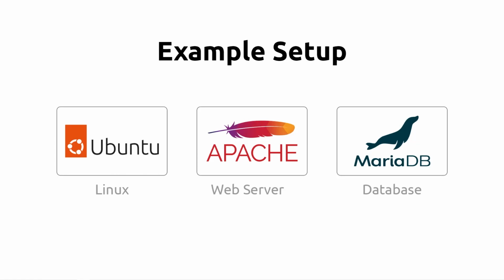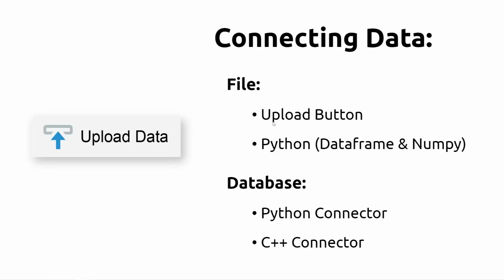Our example installers include MariaDB, so that you could run tests with that, but you don't have to use it. Actually, you can do everything with your own connectors or just uploading files to RamDB. But just to show, in this video, this is what we'll be looking at.